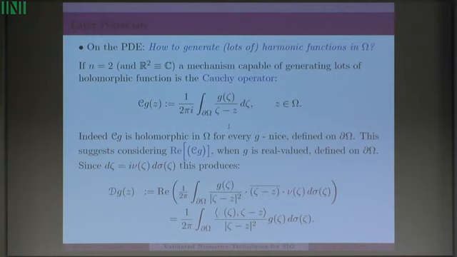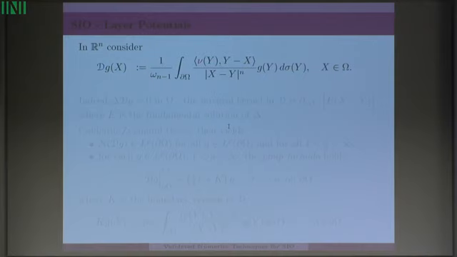I'm sure that many of you recognize here the classical harmonic double layer potential operator, which in 2 dimensions comes naturally by taking the real part of the Cauchy integral operator. So in n dimensions, we're taking something very similar. We're just adjusting 1 over 2 pi to an appropriate dimensional constant, and instead of having a square here, we're going to put the dimension of the Euclidean space n.